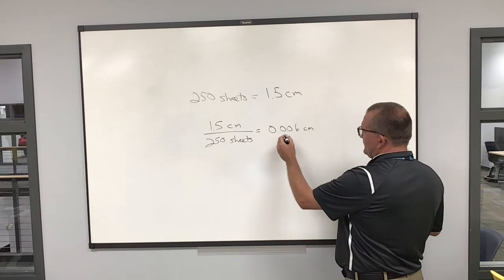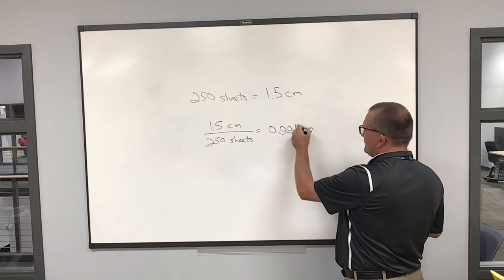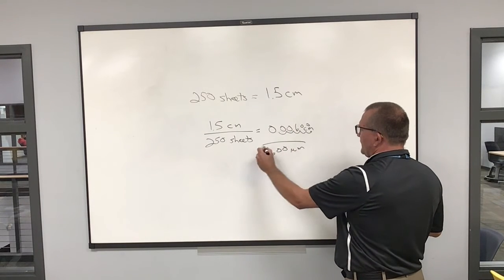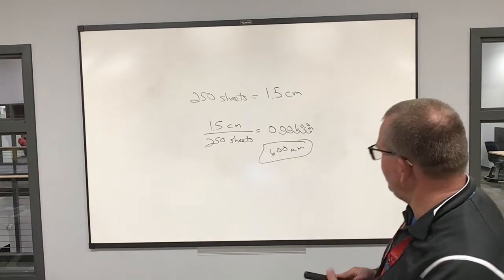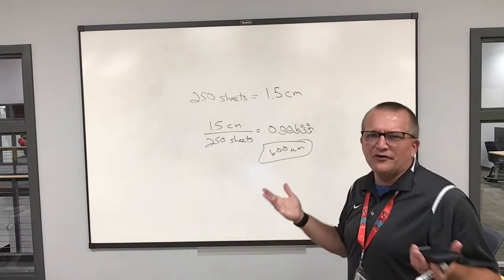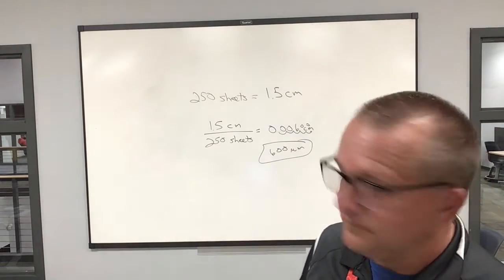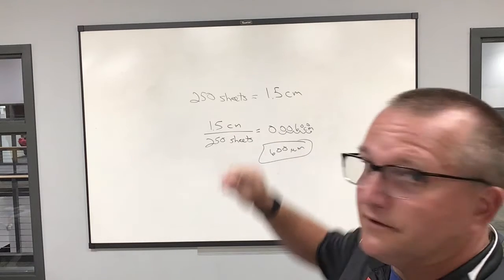Let's say we move it 5 to the right, 1, 2, 3, 4, 5. That would be 600 micrometers, and that would probably be a number that at least you could talk about. I mean, you could keep it in centimeters like this, but it's hard to visualize. But then you can use metric conversions to get there. So that is the thickness of a single sheet of paper.